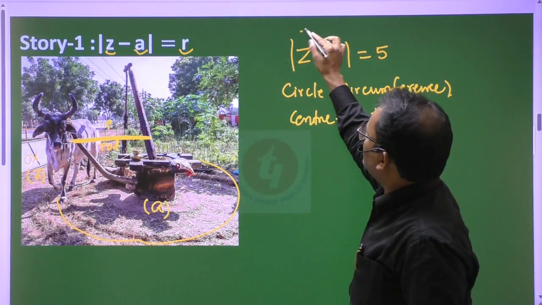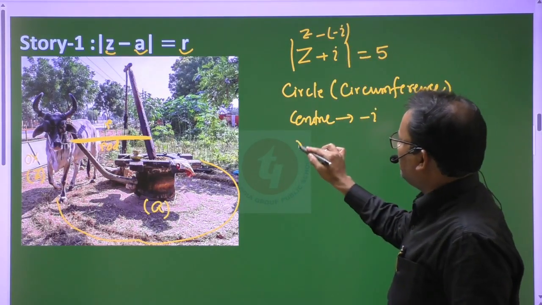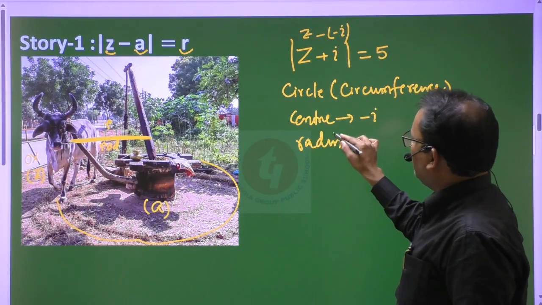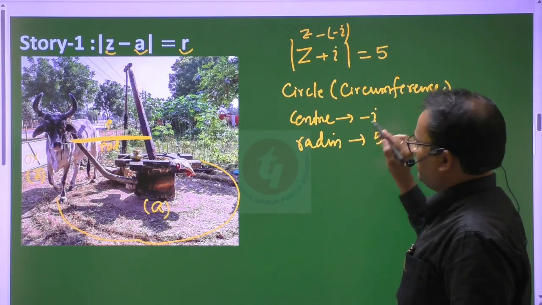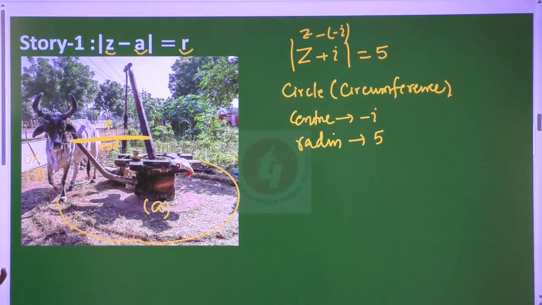So you have to arrange it as z minus of minus iota. What is the radius of this circle? The radius of this circle is 5 unit. I hope this picture is clearly understood by everyone. Now coming to the next part, the application of these results.